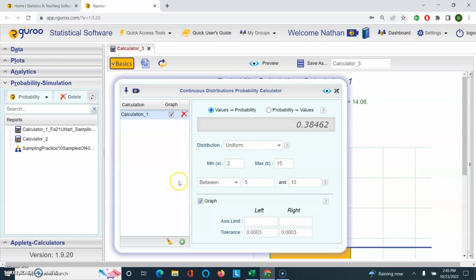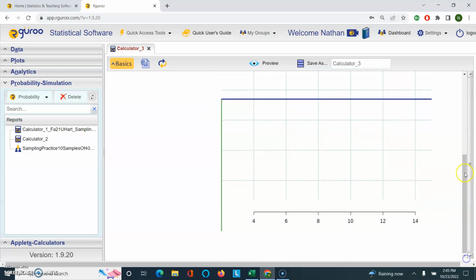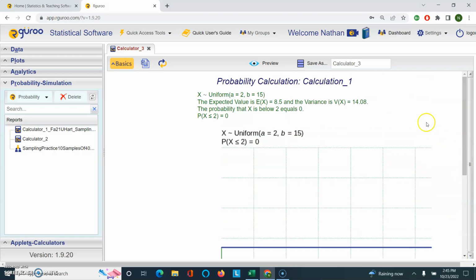Okay, back on basics. This would be a below and then 2 minutes. Okay, click preview. All right, so in this case, very unlikely, right? So it's just extremely unlikely that the truck will arrive less than 2 minutes in this example.